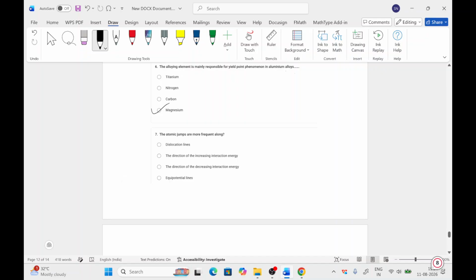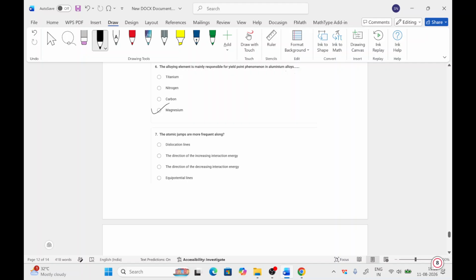Seventh question: the atomic jumps are more frequent along. So atomic jumps occur when the solute atoms come in contact with the stress field around the dislocation core. At the dislocation core the stress is higher, and as we move away from the dislocation core, the stress decreases.